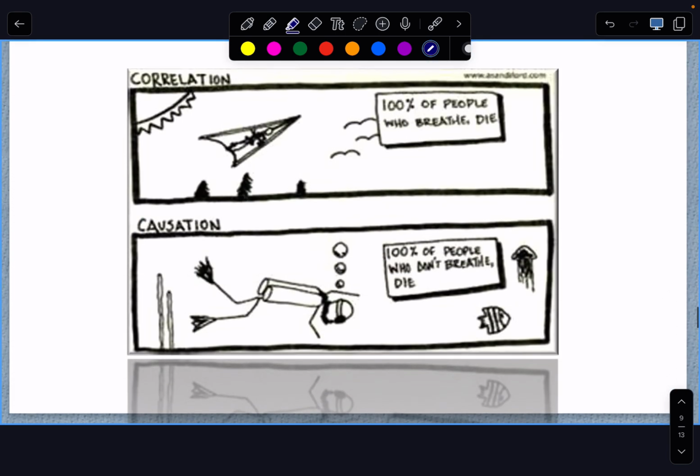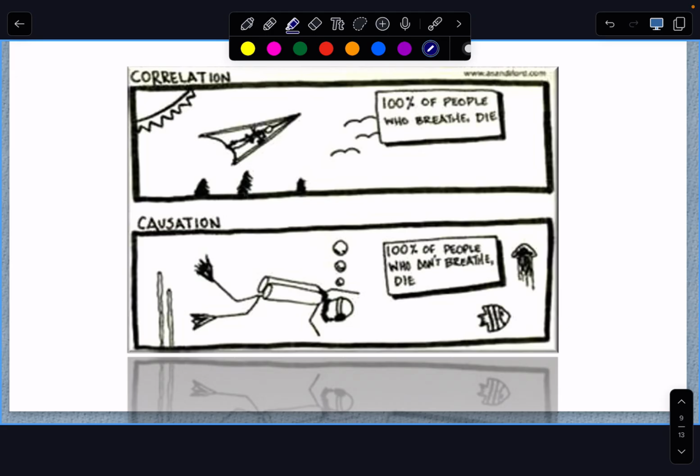Here's another example just to show the difference. So correlation: 100% of people who breathe die. So there's a very strong correlation. People who breathe do die. Breathing is not causing you to die. Whereas in the bottom, 100% of people who don't breathe die.